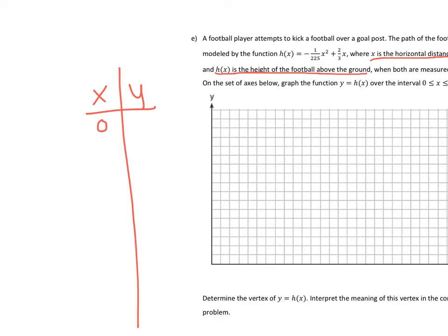Well, I wouldn't plot the decimals. Let's plot our integers. So at 0, I have 0. And we can't go before 0 because our interval starts at 0. Scroll down until you see your next whole number, or integer, I should say, and your y values. My next one is at 15, 9.